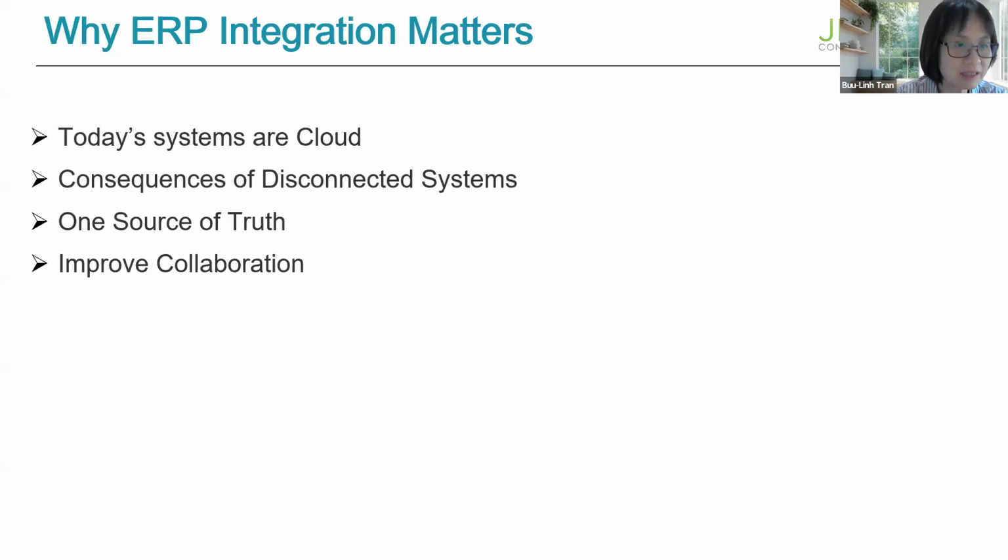I think bringing the data together can help with that collaboration. So anything that can be done to help with that collaboration, in my opinion, is great. Absolutely. All right, let's move on.